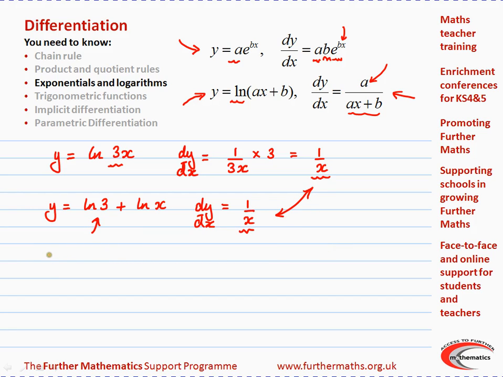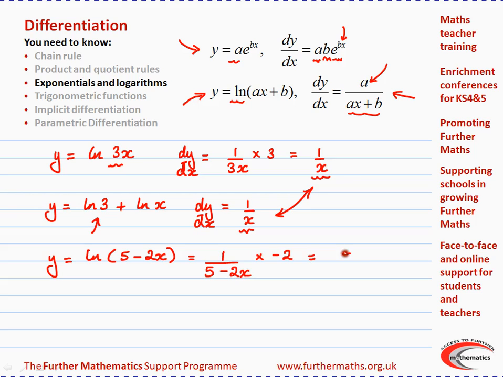If, however, you're going to differentiate something like y equals log of 5 minus 2x, in here, differentiating the logarithm gives you 1 over 5 minus 2x. Differentiating the inside function gives you negative 2.